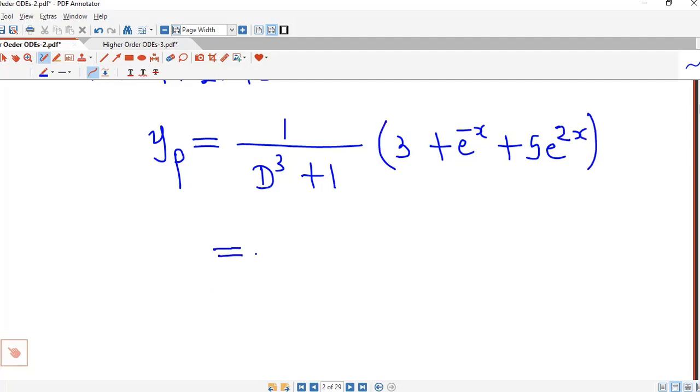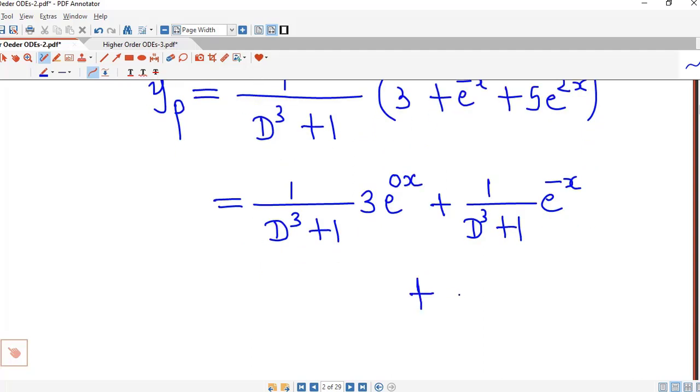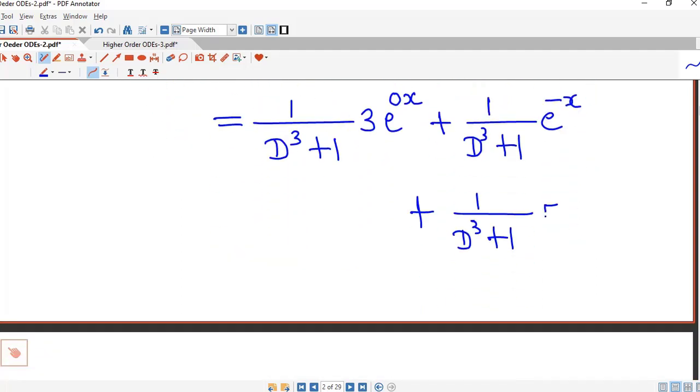So this we can rewrite as 1 over d cube plus 1 into 3, and with 3 we consider e raised to 0x; 3 into 1, and 1 we replace by e raised to 0x. Here we have 1 upon d cube plus 1 e raised to minus x, plus 1 over d cube plus 1 into 5 times e raised to 2x.